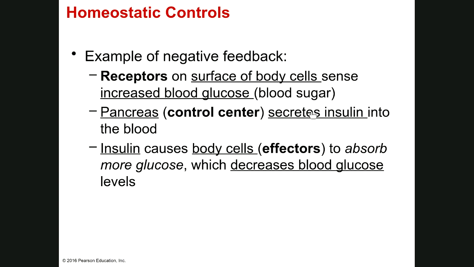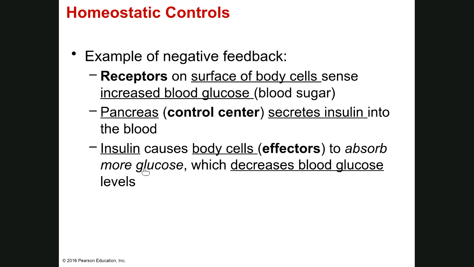Insulin, for our purposes right now, is a hormone that is made and secreted by the pancreas when there is high blood glucose. It's transported through the bloodstream to the cells that need that glucose, and it triggers those cells to allow that glucose to come in.